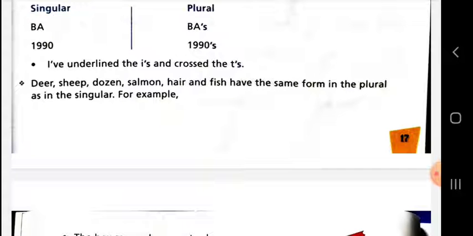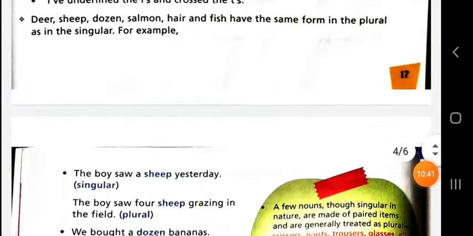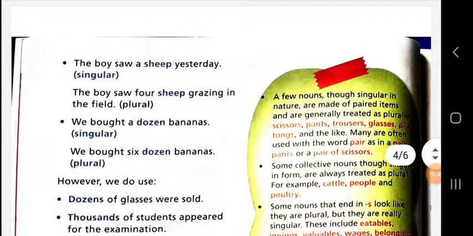Some words are given here: deer, sheep, dozen, salmon, hare, fish. They have the same form in the plural as in the singular. No need to change them. The boy saw a sheep yesterday.